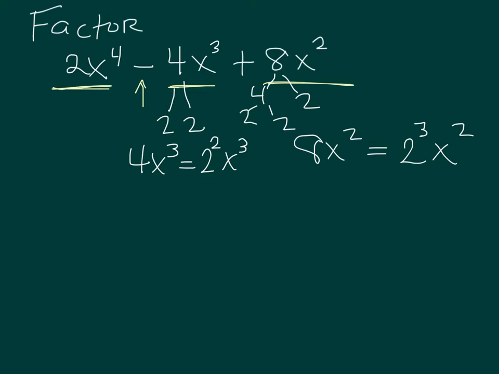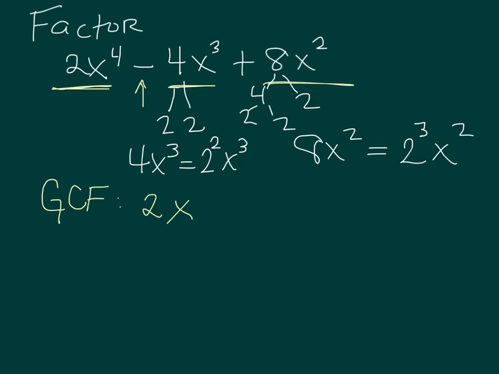Now, when I'm finding a greatest common factor, again, right now we're only looking at greatest common factor. We're not worried about least common multiple. With greatest common factor, I'm looking at what they have in common. So GCF, greatest common factor, is what they have in common. They've got a base of 2 in common. They've also got a base of x in common.